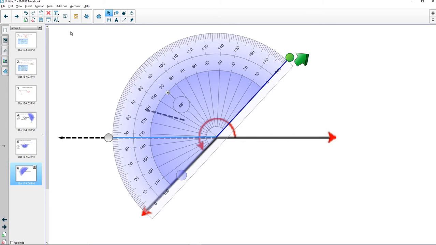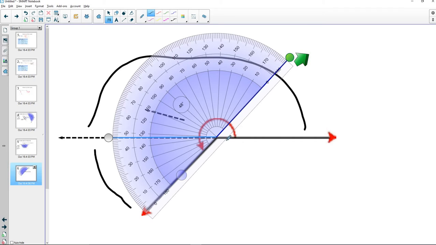So we have 48 for the middle bit. So 48 for this, 180 for this. Let's see what that equals. 180 degrees plus 48 degrees.